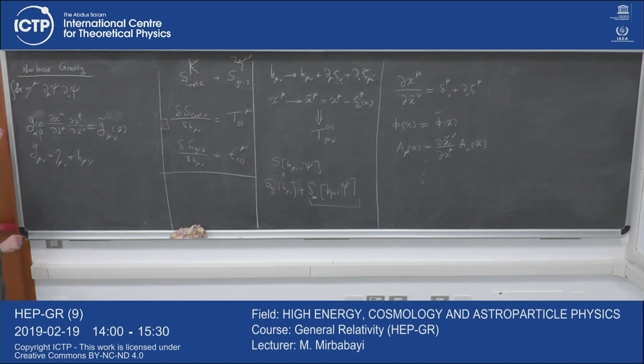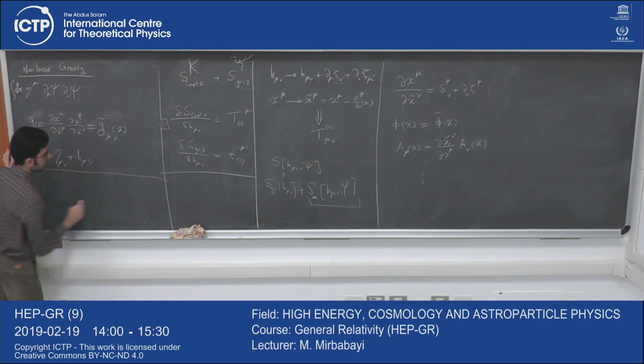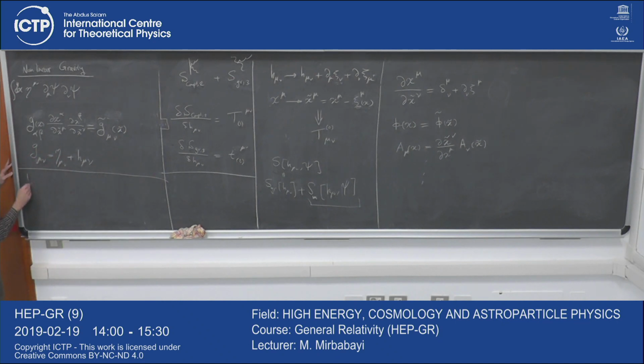So then the rule is very easy, or at least the first rule is very easy. The first rule is just to, wherever we have eta mu nu, replace it with g mu nu. And similarly, if I have eta mu nu with upper indices, I replace it with g mu nu with upper indices, which is defined as the inverse of g mu nu with lower indices.